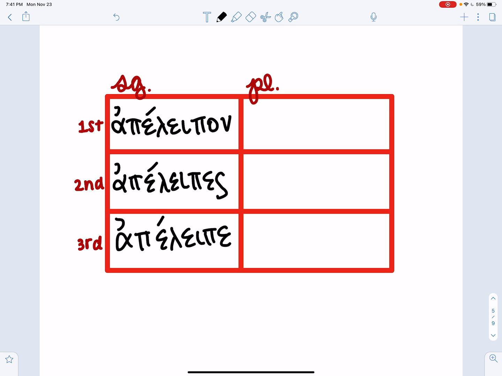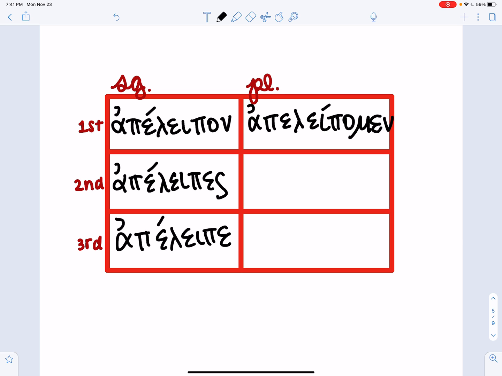In the first person plural, we have apelepomen. I know, that's a doozy. Go back to our last syllable. We have that short epsilon, so we go back 2 syllables for our accent. So 1, 2. Apelepomen.